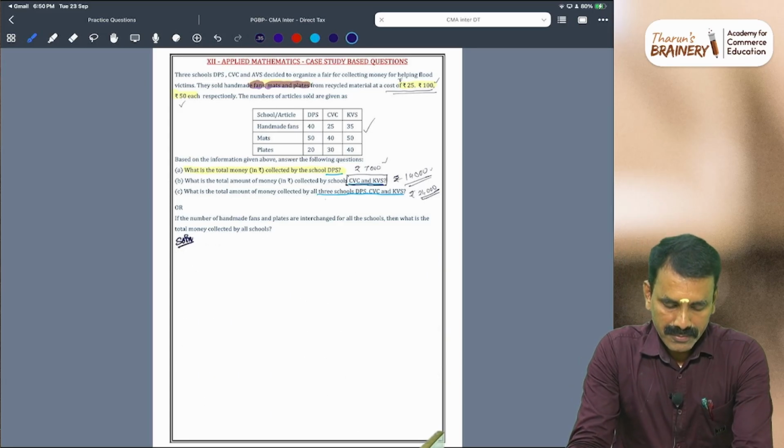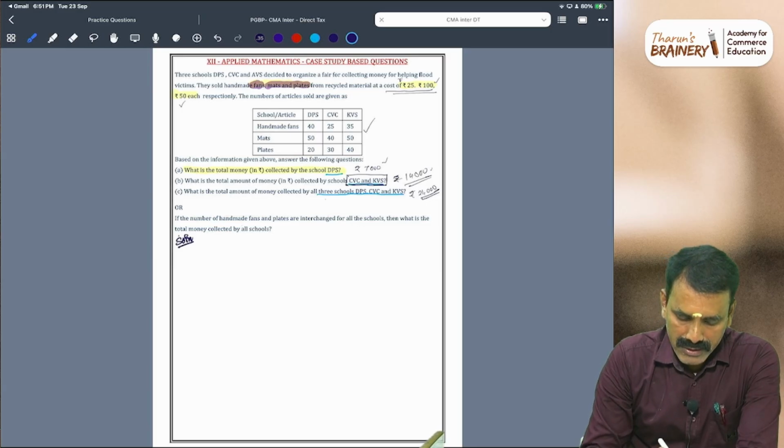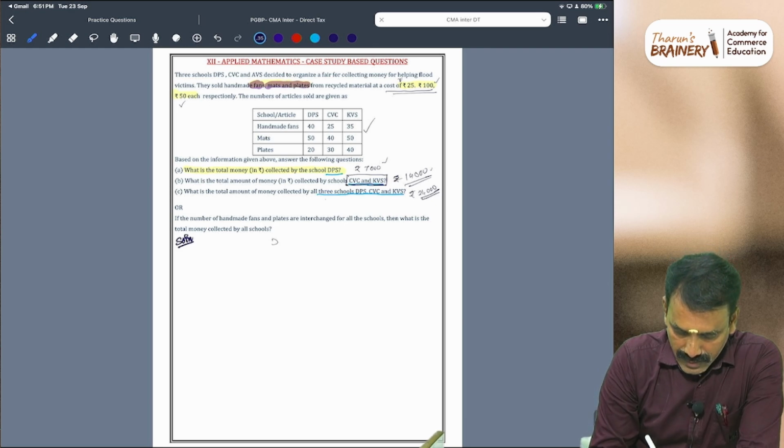Now for the D question: if the number of handmade fans and plates are interchanged for all the schools, then what is the total money collected by all the schools? We write here DPS, CVC, KVS.